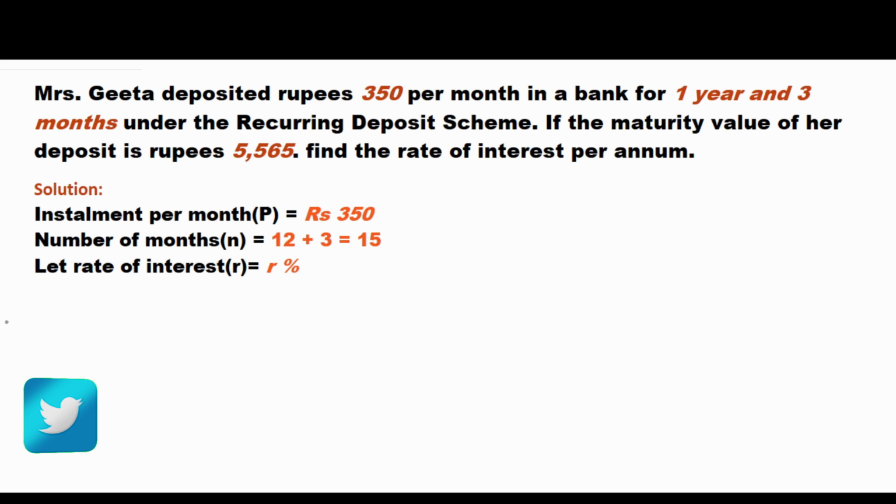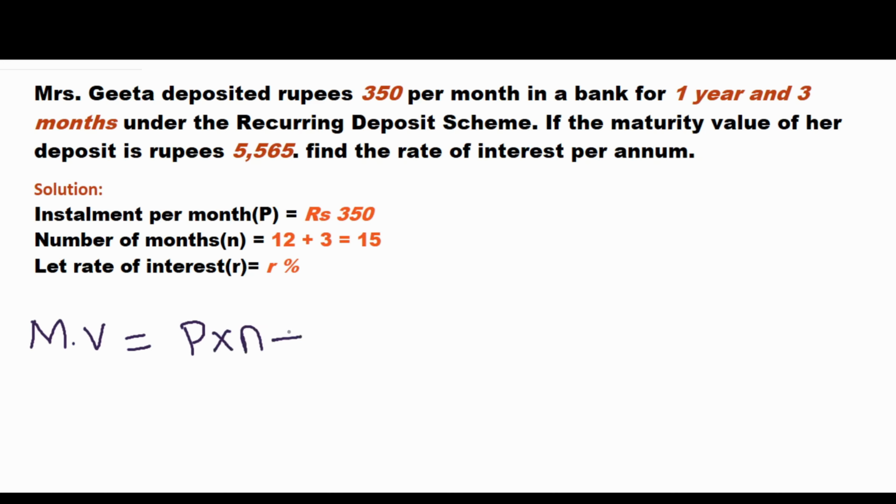So let us write the formula for maturity value. So we know MV is equal to P into N plus I. So let us substitute everything. We know MV value, it is 5,565, which will be equal to P, it's given 350 rupees, and N, it's 15 plus I. So let us write the I value here.